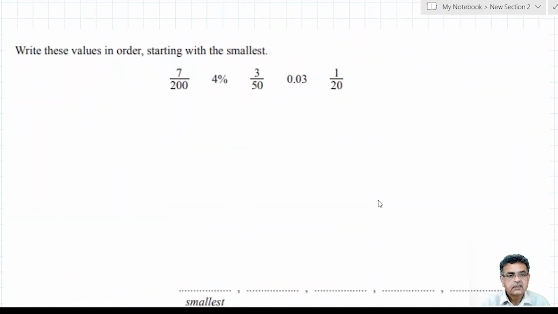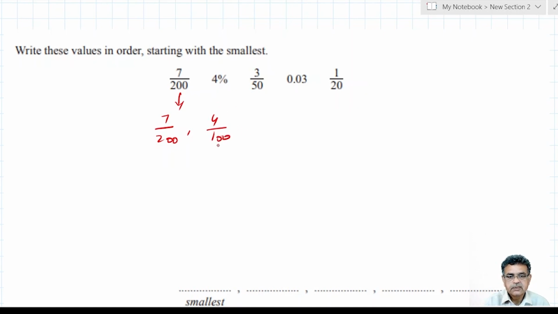Now the next one: write down the values in order starting from the smallest. Here you can see that this number is 7 over 200. 200 is the largest denominator, so we will try to change all the other denominators to 200.